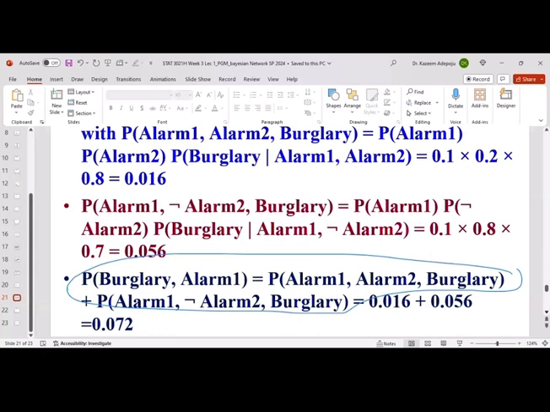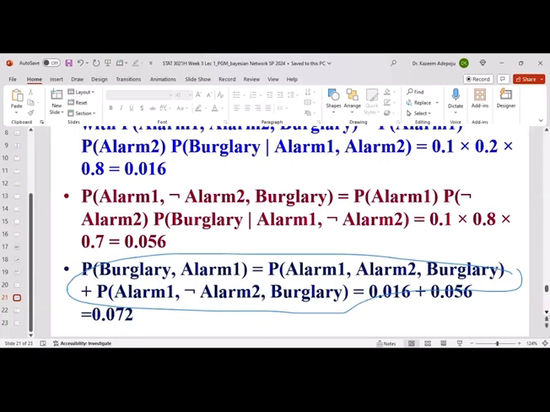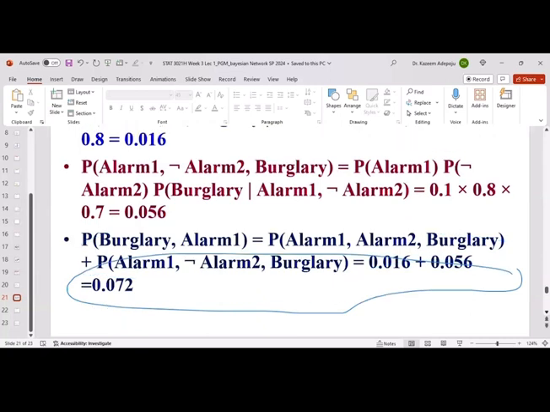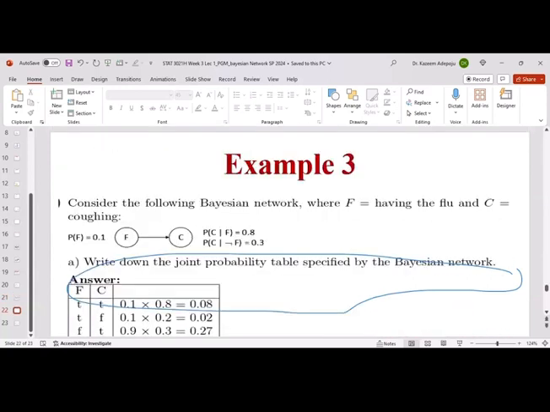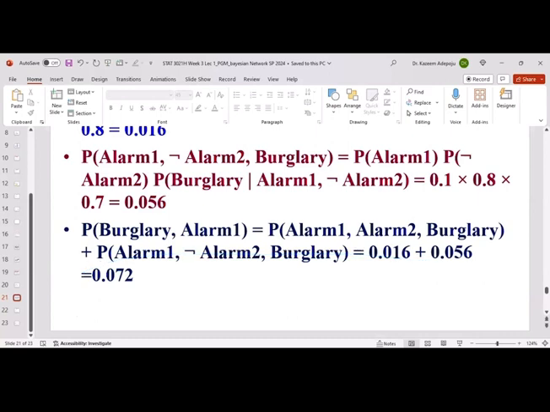Then we add them together, and we've already obtained them here: 0.016 and 0.056. The moment we add that, we get 0.072. That is the denominator to what we want to find.